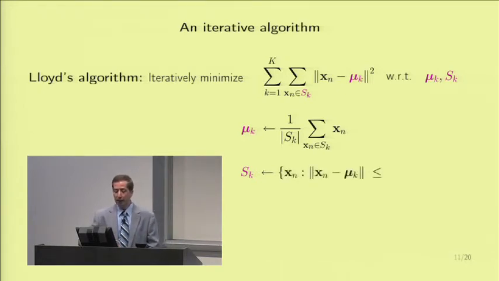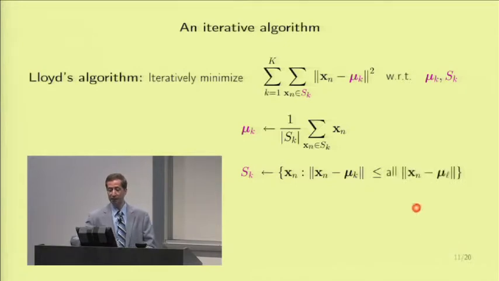You take every point, and you measure the distance between it and mu k, the newly acquired mu k. And you ask yourself, is this the closest of the mu's that I have? So you compare this with all the other guys, okay? And if it happens to be smaller, then you declare that this x_n belongs to S_k. Okay? You do this for all the points, and you create a full clustering.